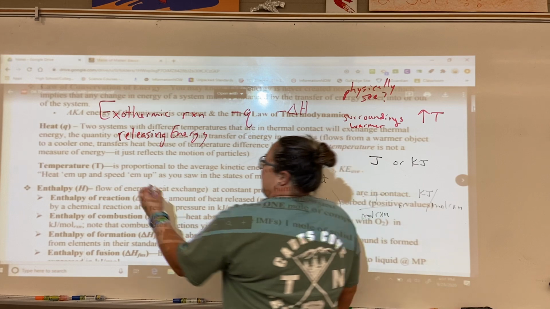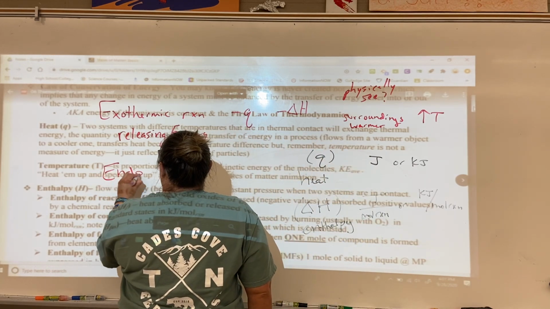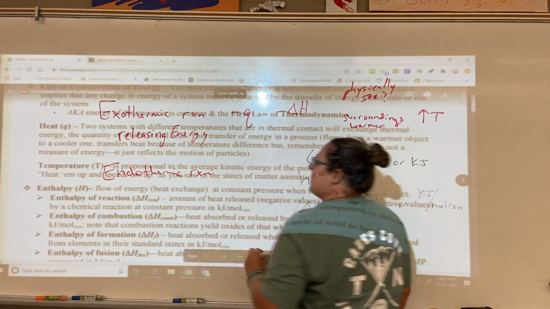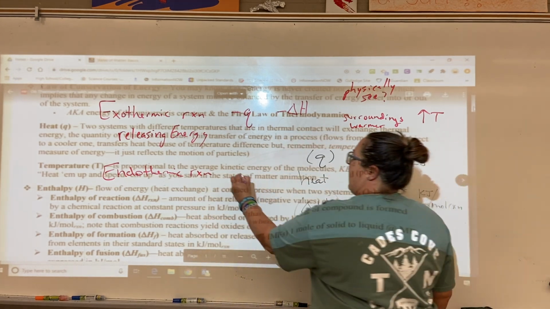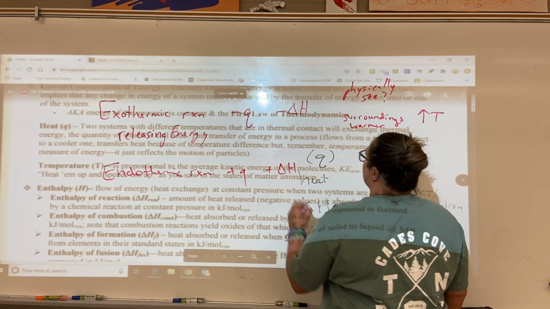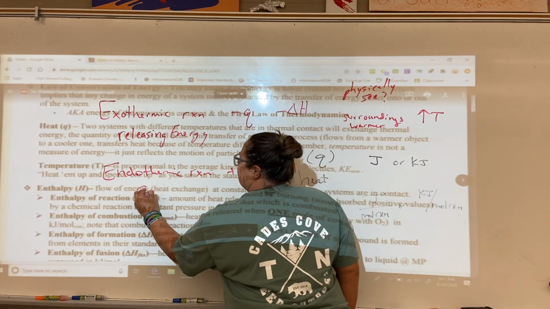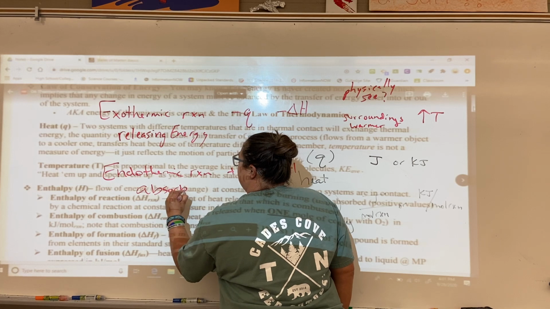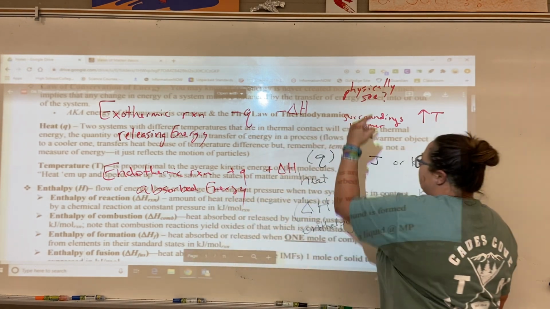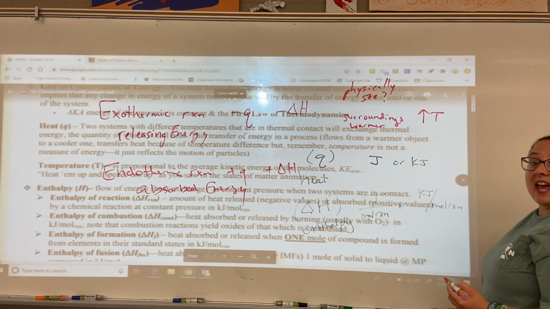Well, what if I have an endothermic reaction? If I have an endothermic reaction, we get a positive Q quantity, a positive delta H quantity, and that means that the overall system has absorbed energy. Well, what do we physically see if that is the case?